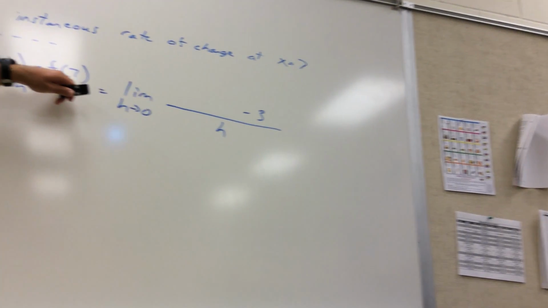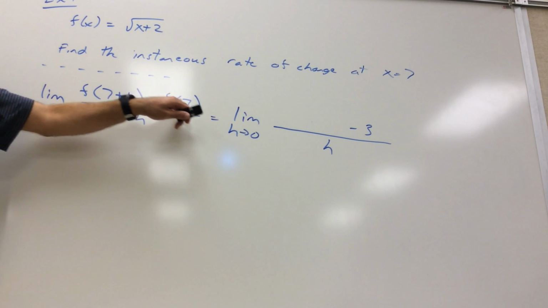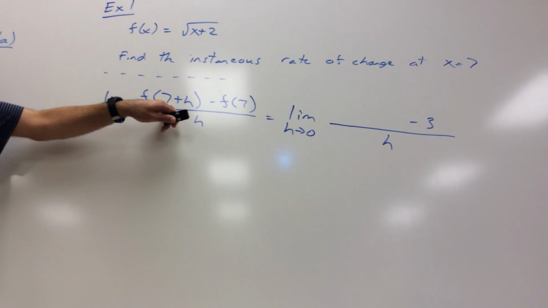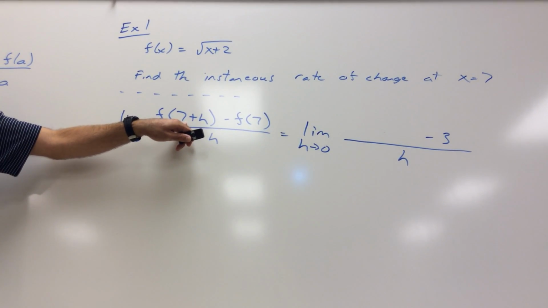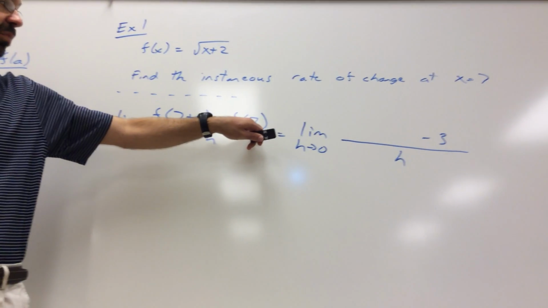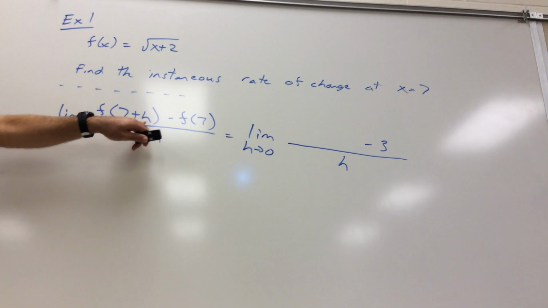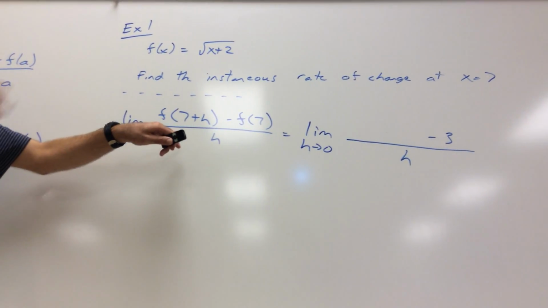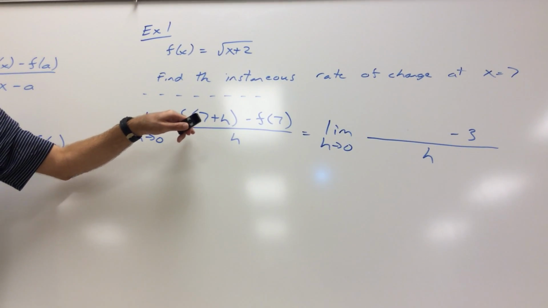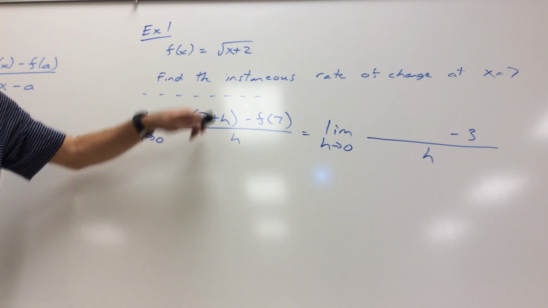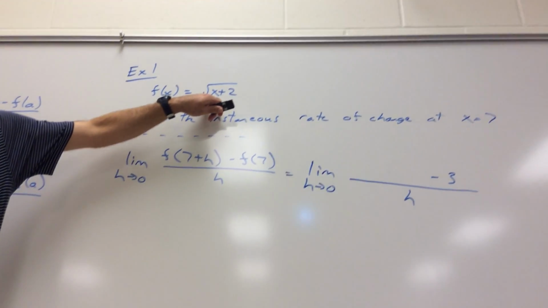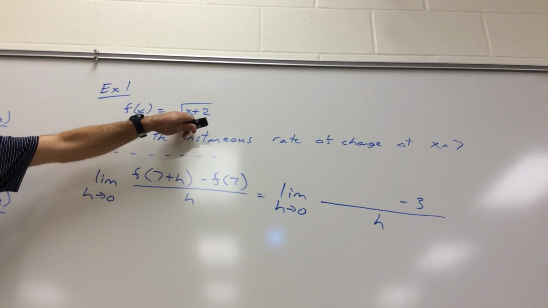All right, so this means put 7 into the formula. So this means put 7 plus h into the formula. Over here it says put 7 into f. Here it says put 7 plus h into f. So if you put 7 plus h into f, then there's going to be a 7 plus h where the x is.